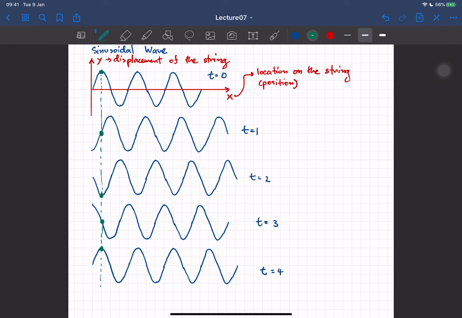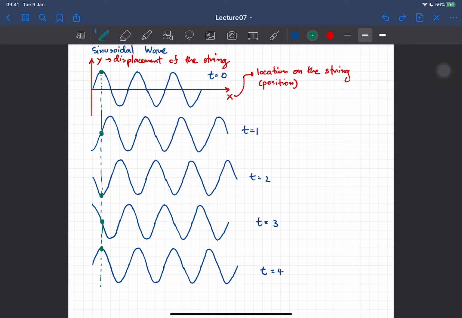So you can imagine if you just follow this particular green spot, which is on the same point on the string, right? What's happening here is that the green dot will just oscillate up and down, right? So it starts here, now it becomes at the center, now it's down here, now it's back to the center, and then it's back up here, right?